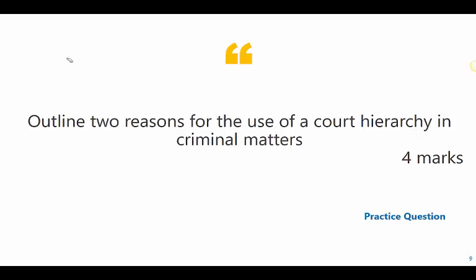Outline 2 reasons for the use of a court hierarchy in criminal matters. And again, it's pretty simple, as we've been over several times. Outline is very much in that understanding section, so I'll put it here again. To outline something and get all the marks, we just need to show understanding of it. 2 reasons, it'd be pretty simple. 2 marks and 2 marks for each reason.